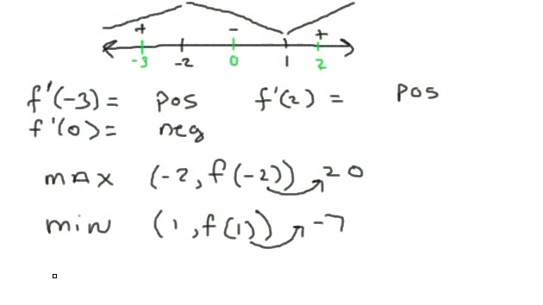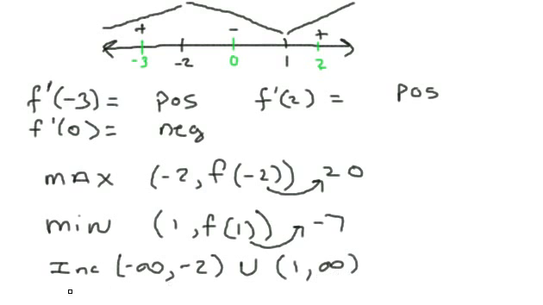So we know that this function is increasing from -infinity up to -2. Now I'm going to use this symbol here, the union, and from 1 to infinity, and that it's decreasing from -2 to 1.